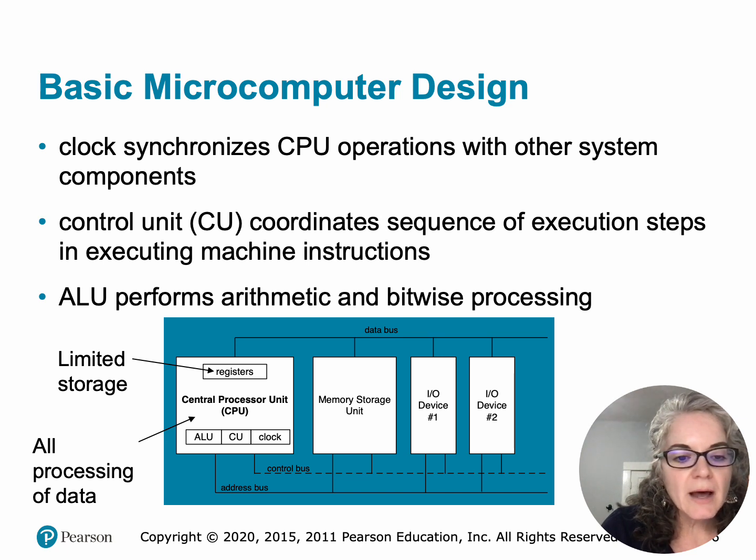Then we're going to look at this in a little more detail. Here's your memory storage unit, which is like your RAM, and then you have your input-output devices. We're going to talk about the different buses that transfer data and addresses between all these devices.